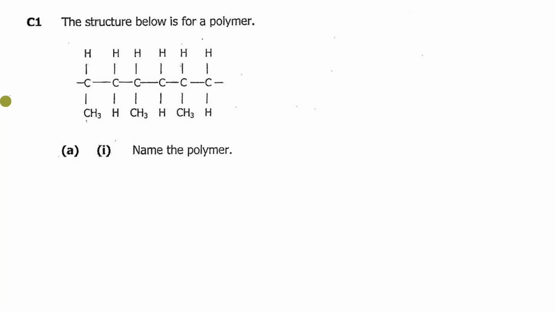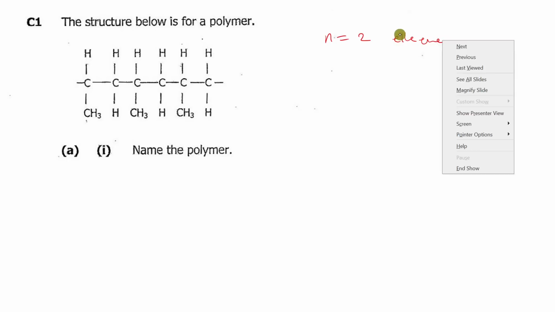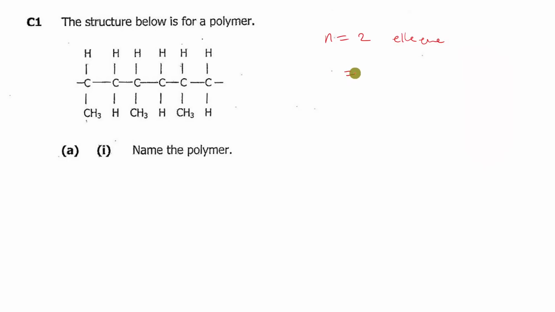For alkenes, the first member is n equals 2, and if it is an alkene, it will be ethene. Then n equals 3, meaning three carbon atoms, it means prop, and for an alkene it will be propene.